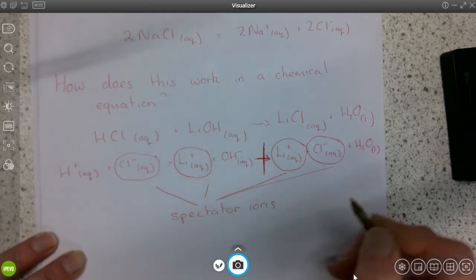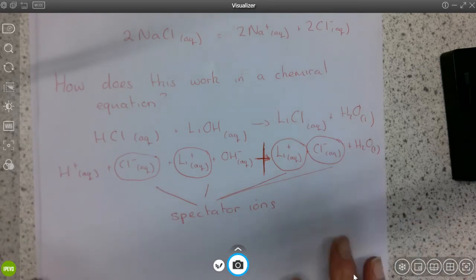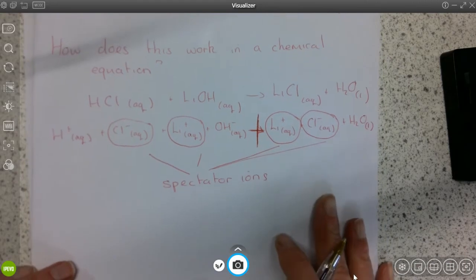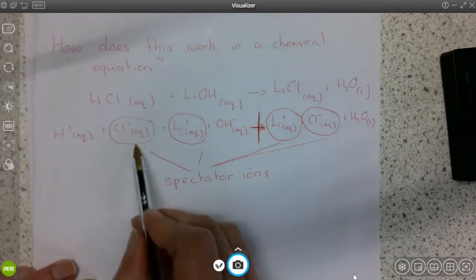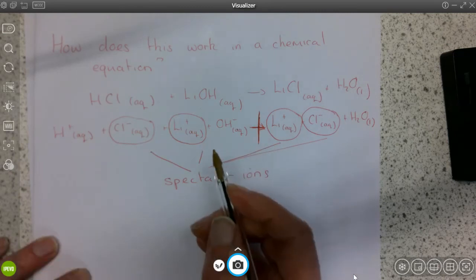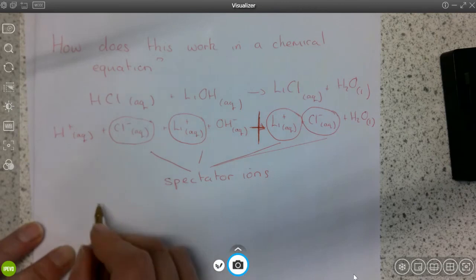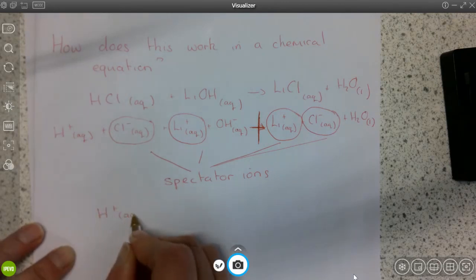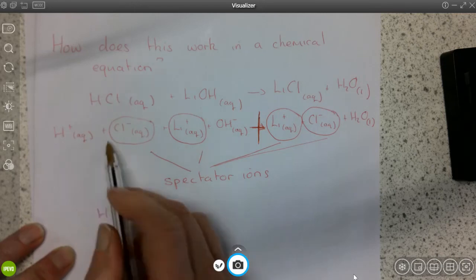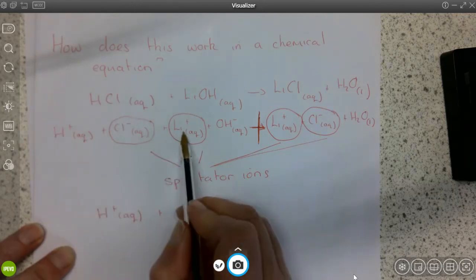Because nothing's changing, we can rewrite the equation as an ionic equation, where we've taken out the spectator ions. I can remove all of those that have got a circle, because they're the same on the left-hand side as the right-hand side. So I write my H+ out, but I ignore these two because they're the same on both sides.